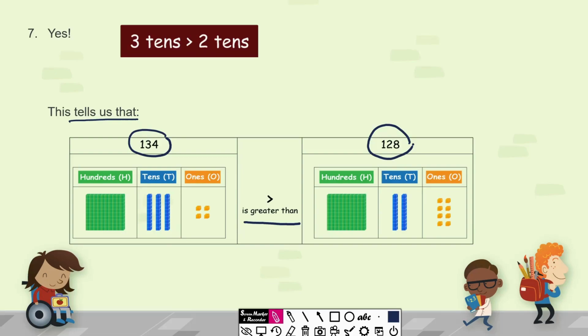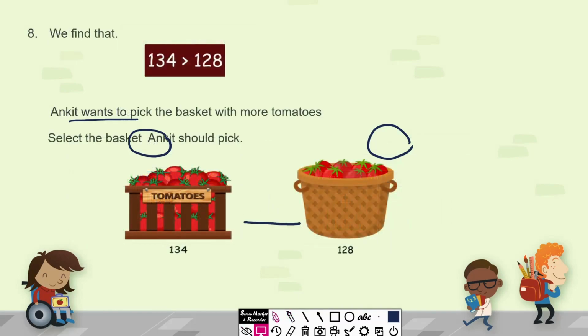Understood? Very good. Okay, let's move to the next question. Yes, we find that number 134 is greater than number 128. Now, Ankit wants to pick the basket with more tomatoes. Select the basket Ankit should pick.